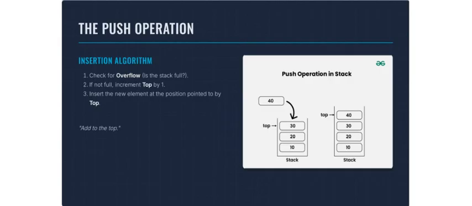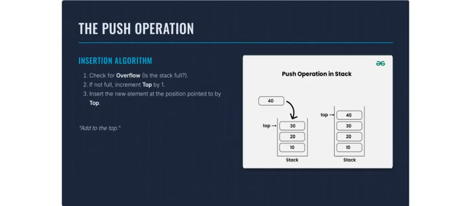If you want to pour water inside a bottle, first we want to check whether the bottle is empty or full. If the bottle is full of water, we cannot pour more, it will overflow. So we have to check the overflow condition before pushing the element inside.